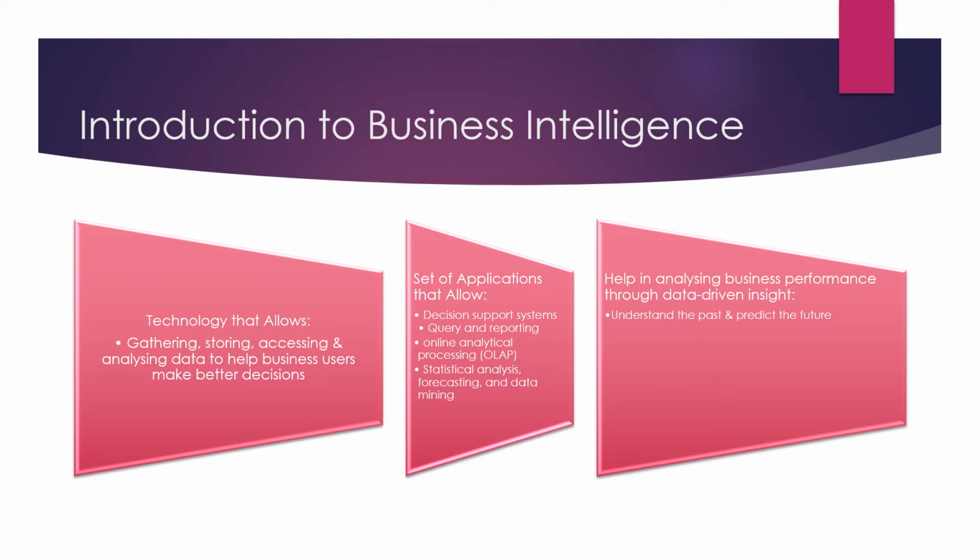It includes applications such as decision support systems, query and reporting, online analytical processing, OLAP, which I will discuss in detail, forecasting and data mining. It helps in analyzing business performance through data-driven insight, understanding the past and predicting the future. So these are the three steps of business intelligence.